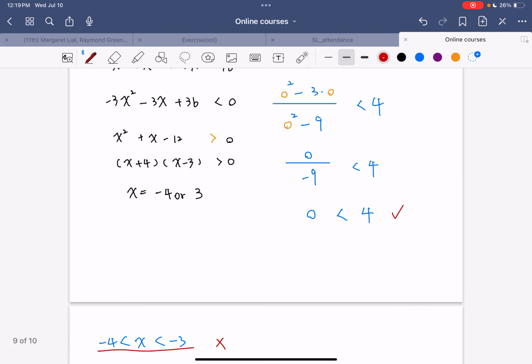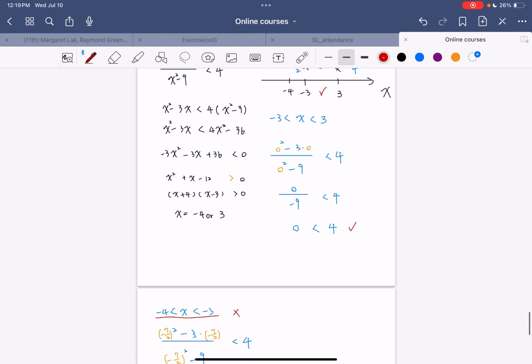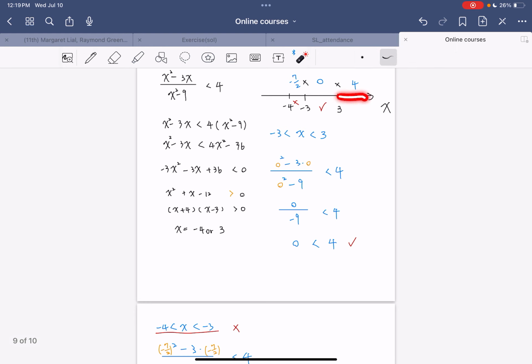Okay, minus 4 here, minus 4 to minus 3. So this area does not fit. And then we're going to test this area. Okay, so it's x equal 4, and it represents x greater than 3.